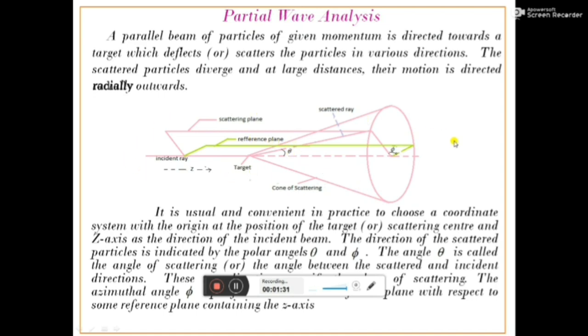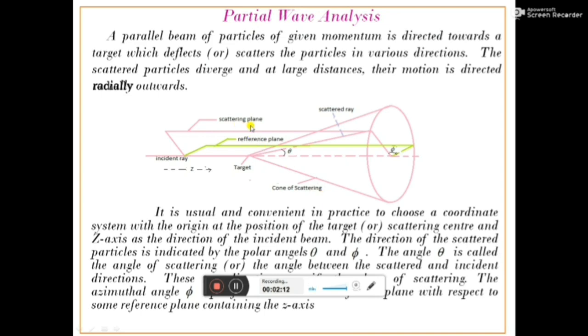This figure clearly explains what I said previously. This is the incident ray or incident particle along z direction, and here is the target. When this incident particle is allowed to fall on a target, it gets scattered in a radially outward direction, and this ray is called the scattered ray, and this cone is called the cone of scattering.